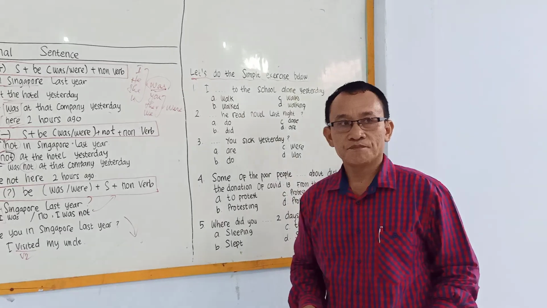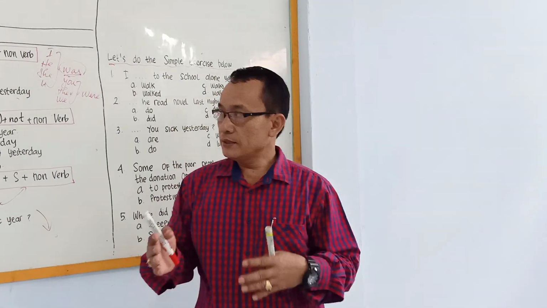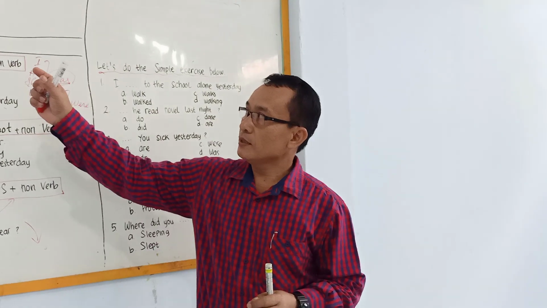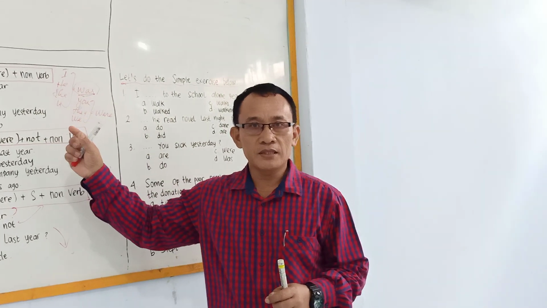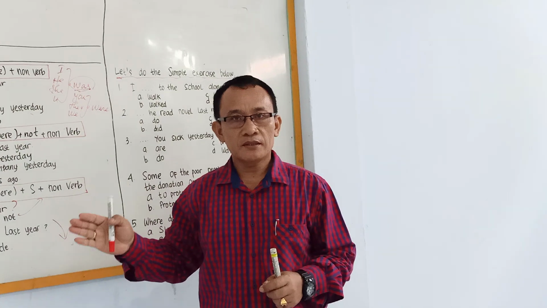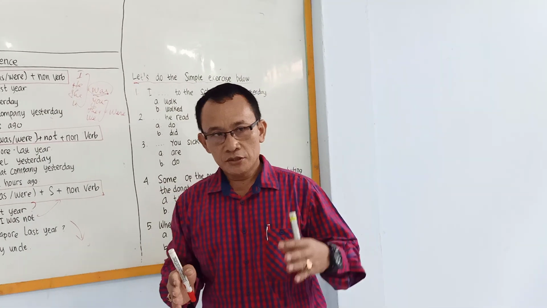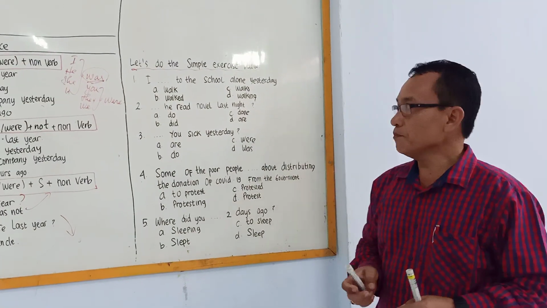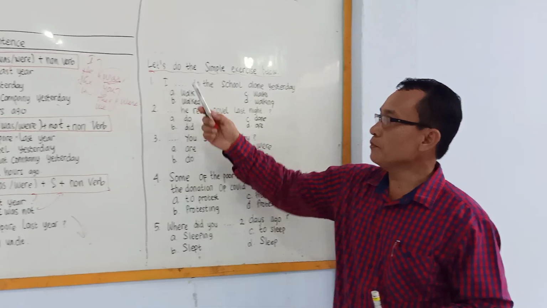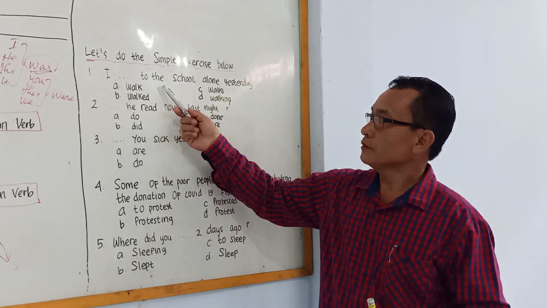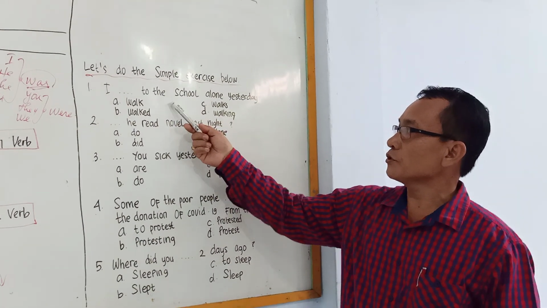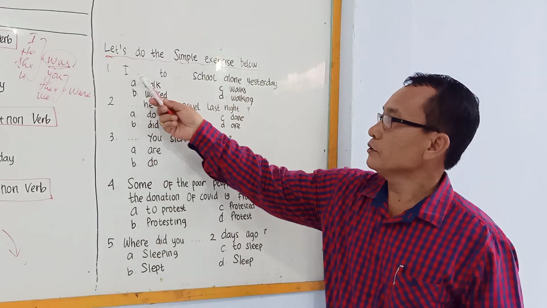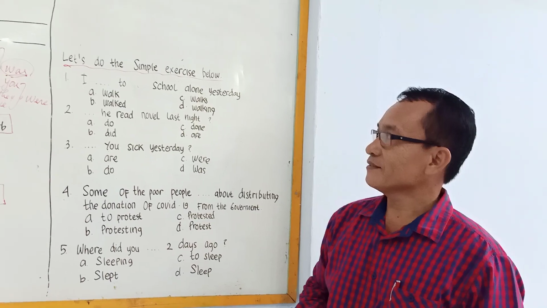Well, students, here is the explanation about simple past tense for verbal sentence and nominal sentence, positive, negative, and interrogative. Now, as students and viewers, let's go to the exercise, a simple exercise. Number 1, I blank to school alone yesterday.